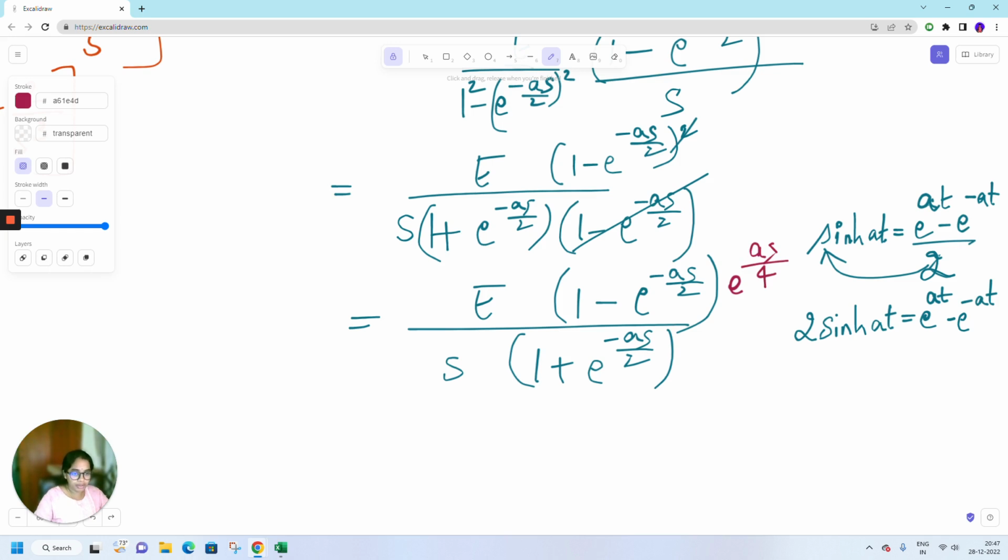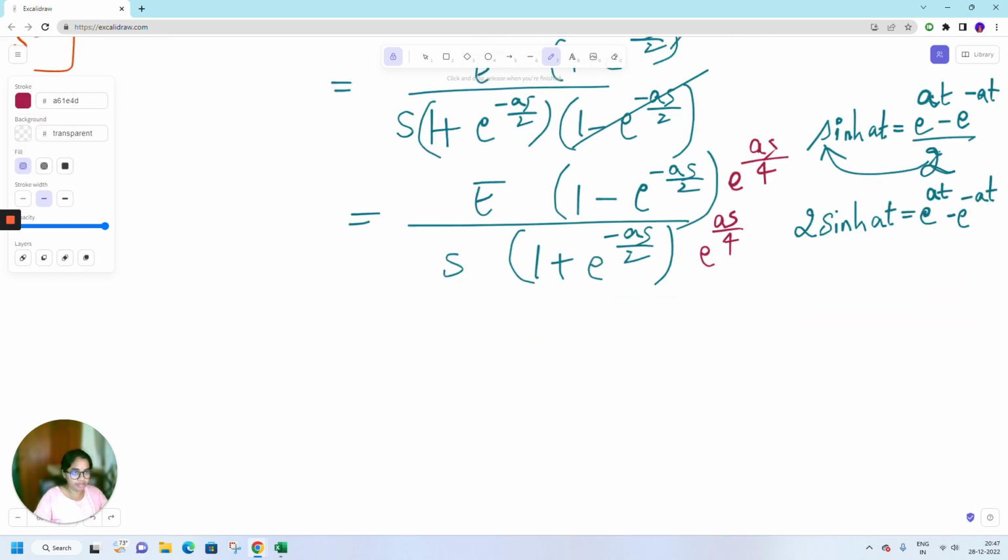I cannot only multiply, I would have to divide it also. After multiplication and division, what will I get? 1 into e power s by 4 is e power s by 4.